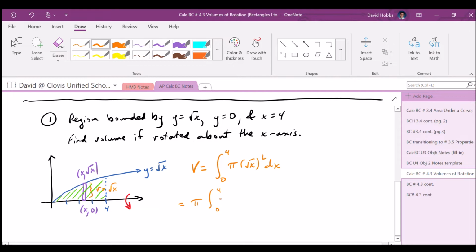Root x, if we square it, is just x dx. So we have pi times 1/2 x squared, so pi over 2 x squared evaluated from 0 to 4. We would get pi over 2 times 16 minus 0, and so we have 8 pi as the volume here.